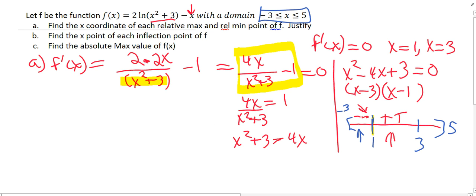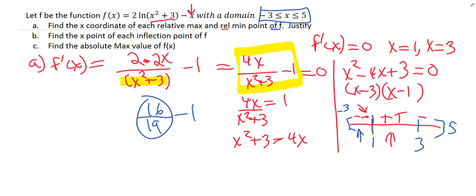You would get 16 on top, and on bottom 16 plus 3 is 19. So we have a number less than 1 right here. Subtracting 1 is going to take it back to negative, right? So that gives me enough information to talk about relative mins and relative maxes.